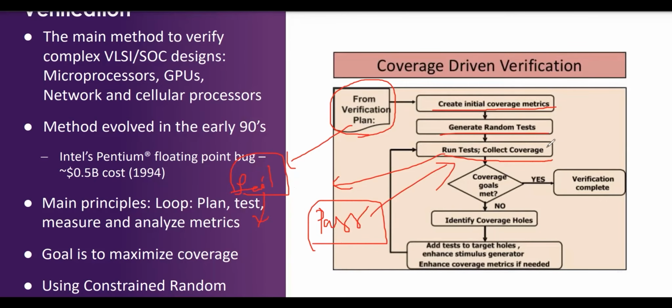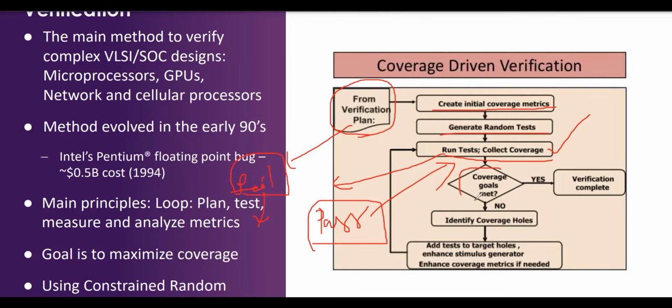Once passed, collect coverage. Collect coverage means we will add some options to that particular test, then run some script file for the coverage and upload to the database. In the database we will check whether the bins are hit or not.